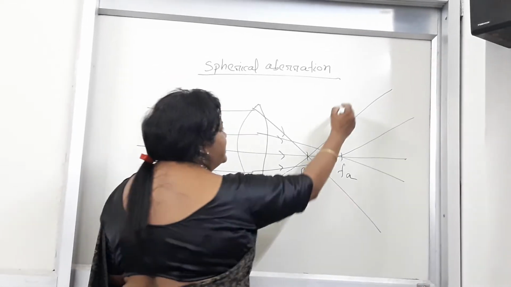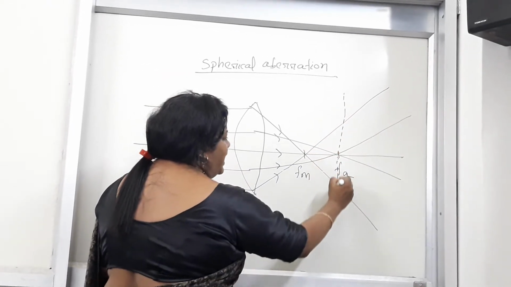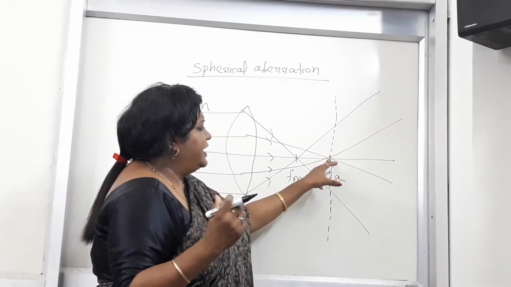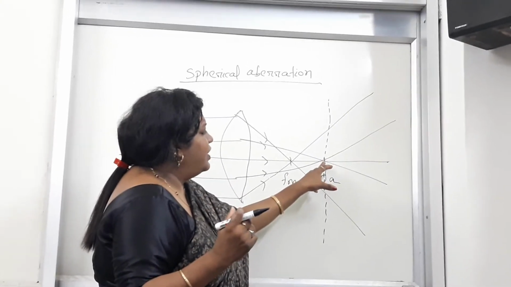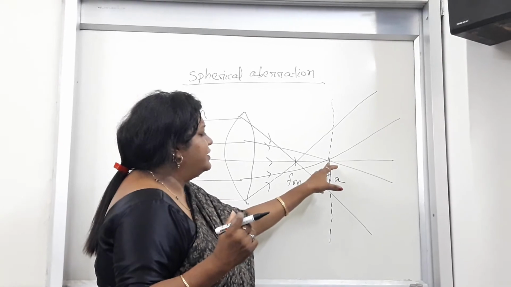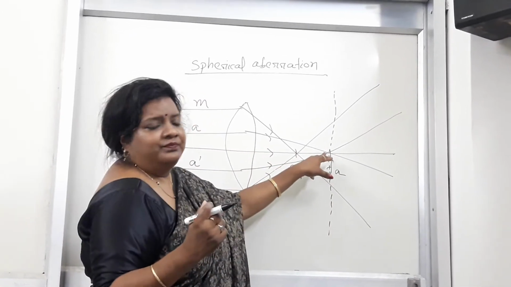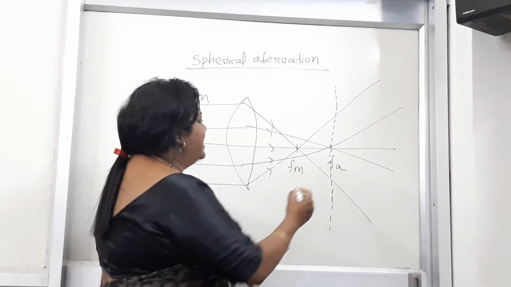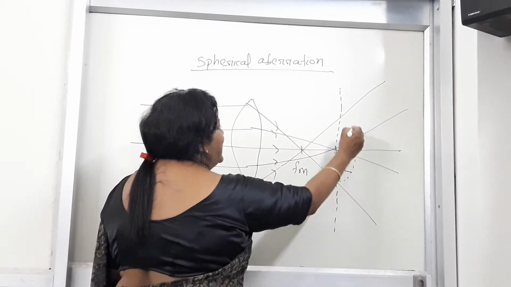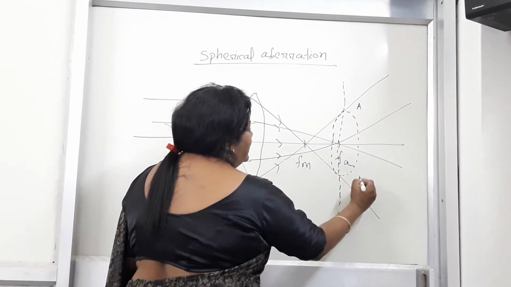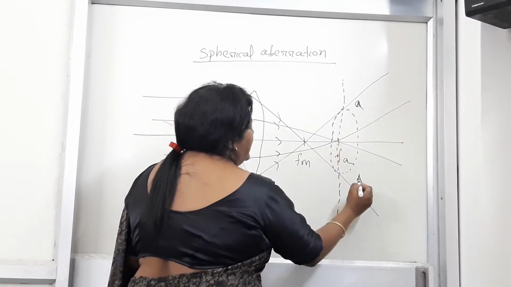When I put my screen at Fa, where we expect an image, the point image here is due to the axial rays only, but the marginal rays give a patch of diameter A dash.